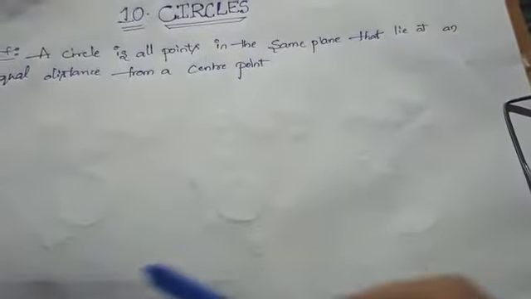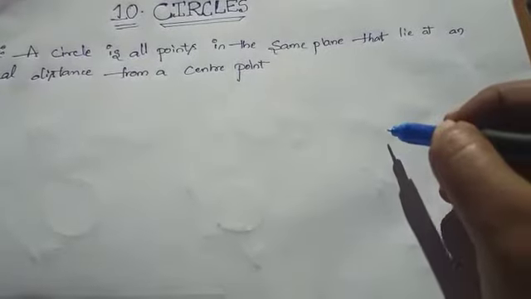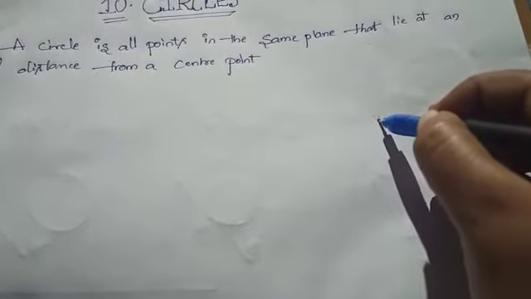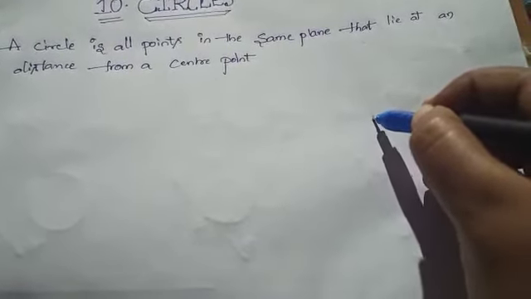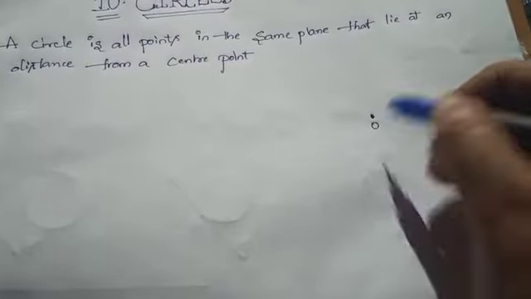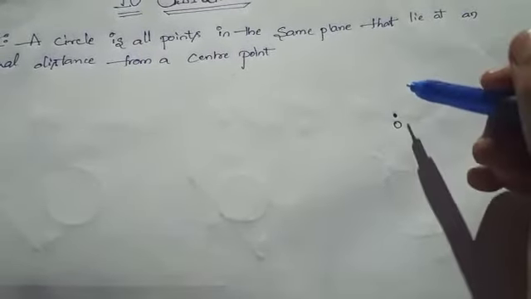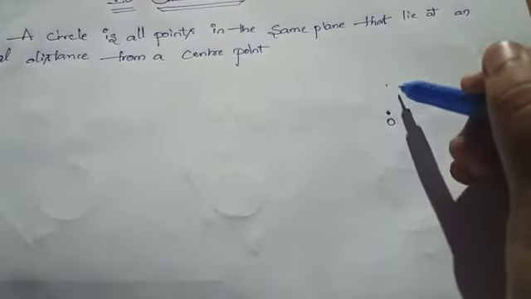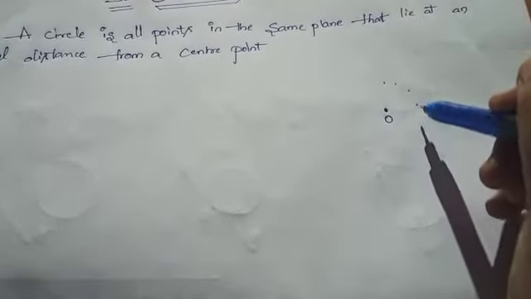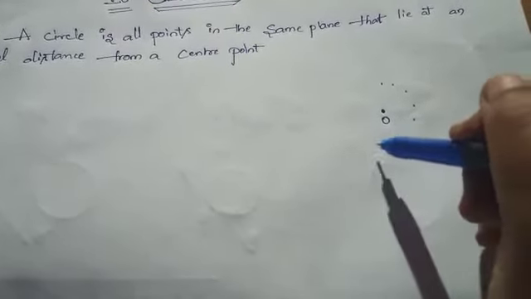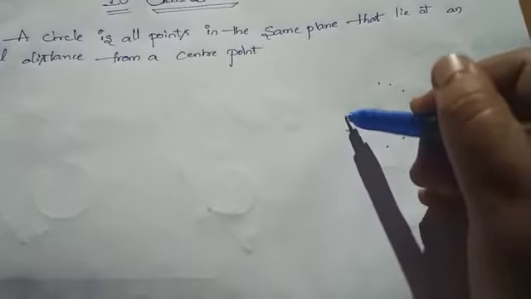Suppose this is a plane and let this be a center point O. All points at equal distance from the center point.